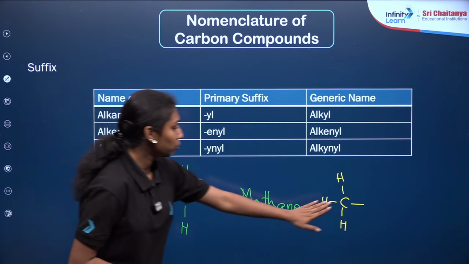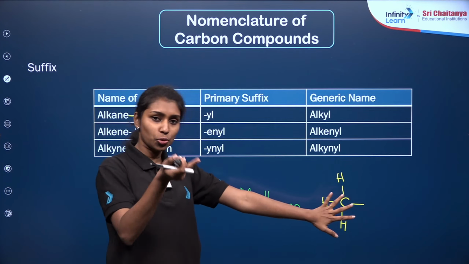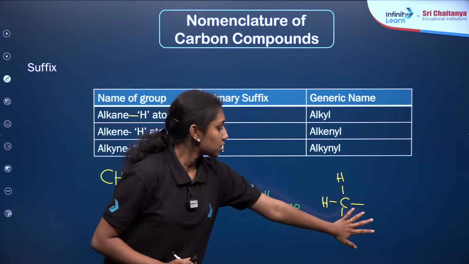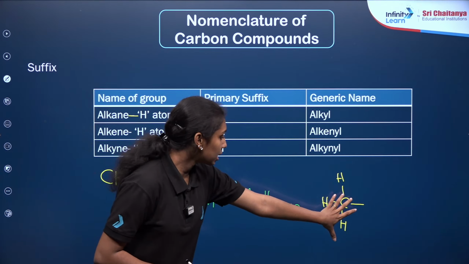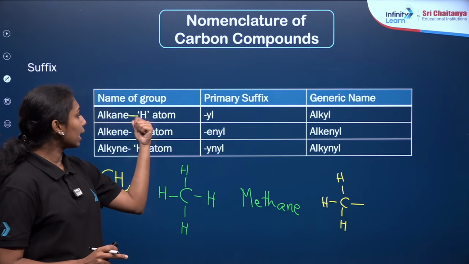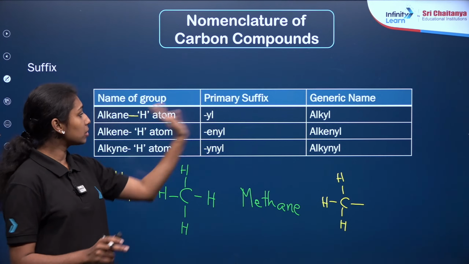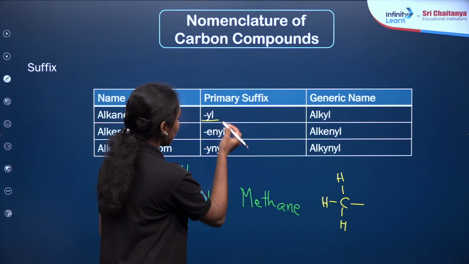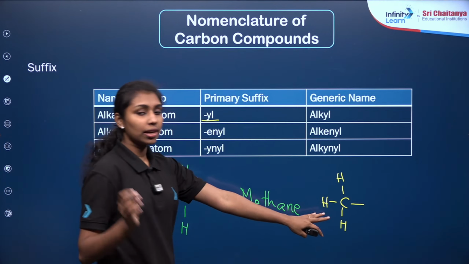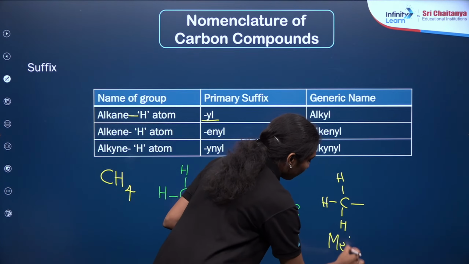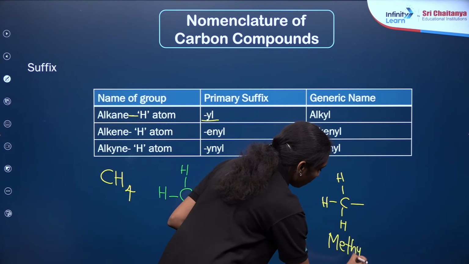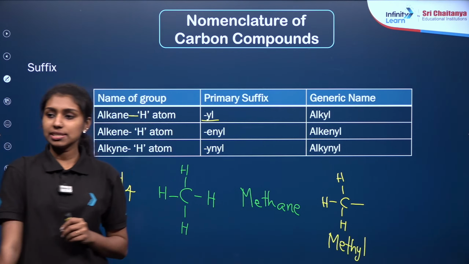The remaining part will be attached to some other compound. For such a term, where a hydrogen atom is deleted from the alkane, the suffix will be YL, meaning it is obtained from methane. So the root is still meth, but the suffix changes, and it becomes methyl. Is that clear?